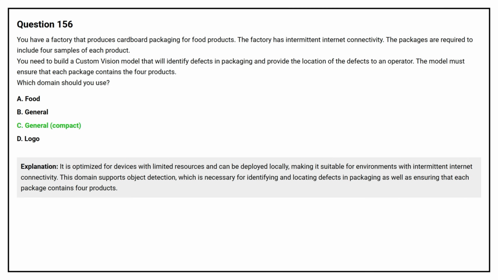It is optimized for devices with limited resources and can be deployed locally, making it suitable for environments with intermittent internet connectivity. This domain supports object detection, which is necessary for identifying and locating defects in packaging, as well as ensuring that each package contains 4 products.